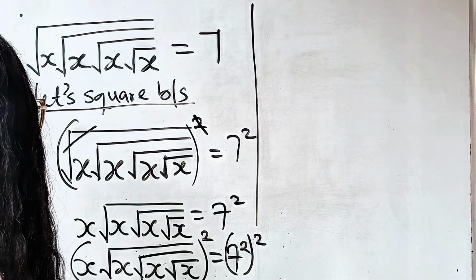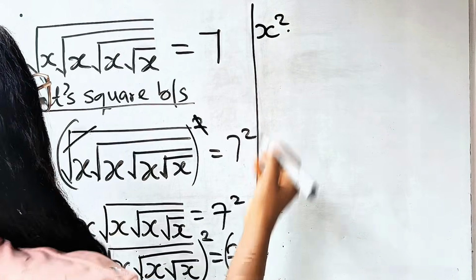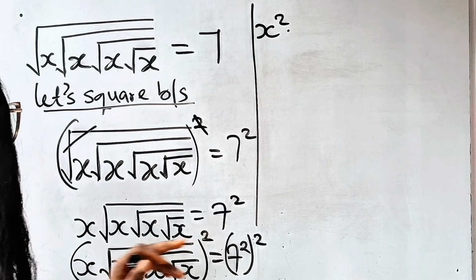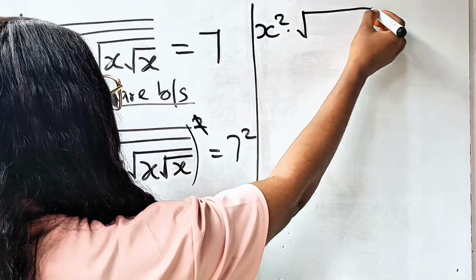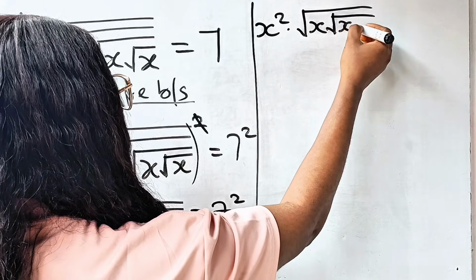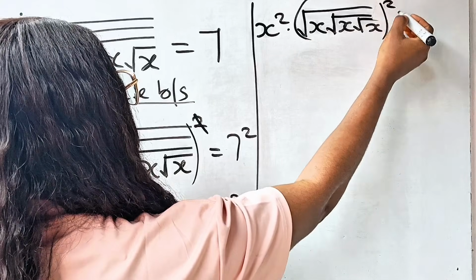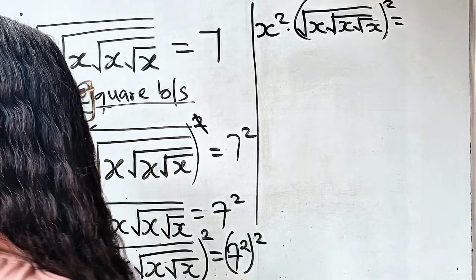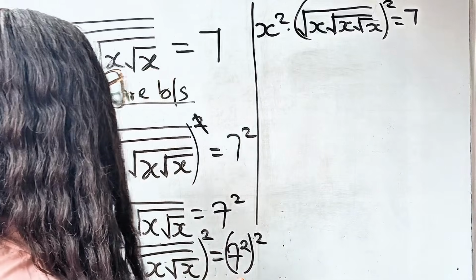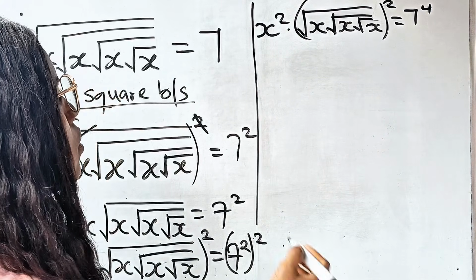So we write this as x squared multiplied by the whole of square root of x, square root of x, square root of x, everything squared, is equal to 7 to the power of 2 times 2, which is 4.